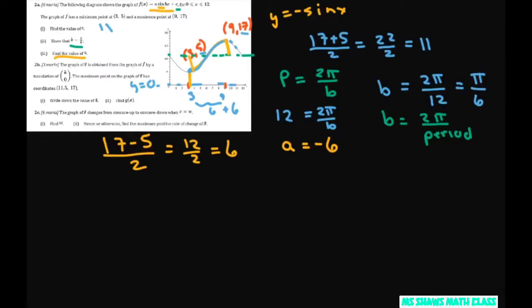Now, it says the graph, let's move on from there. It says the graph of G is obtained from the graph of F by this translation. So this is your horizontal translation. This is your vertical.